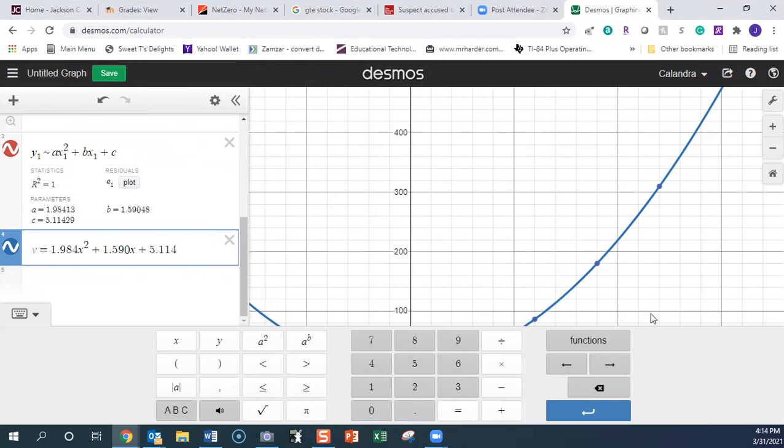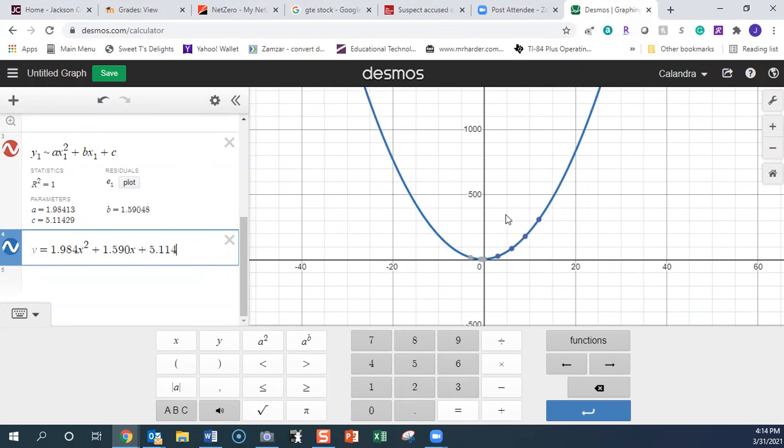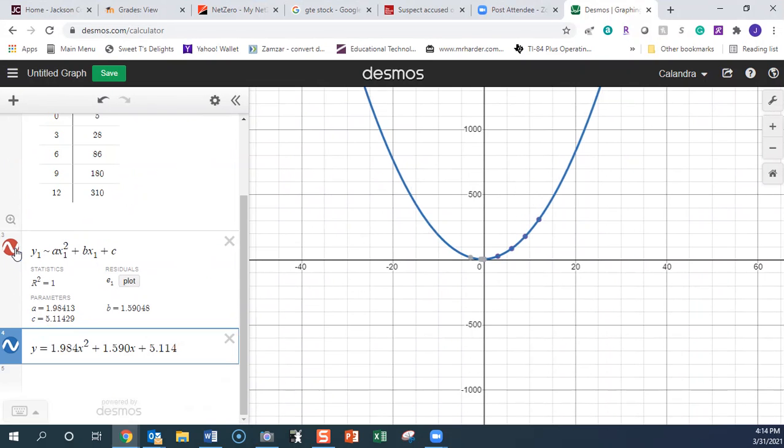Now I'm going to have to expand this out. Let me take out. Okay, now, if you notice here, if I turn this off, it turns back red. Turn it back on. It's basically laying right on top of that line.